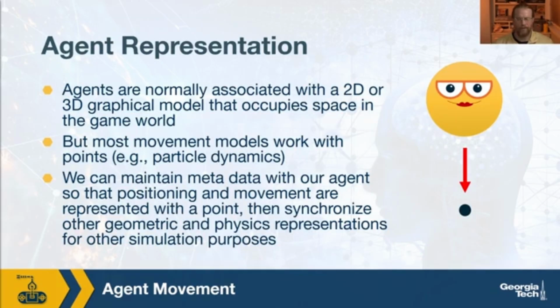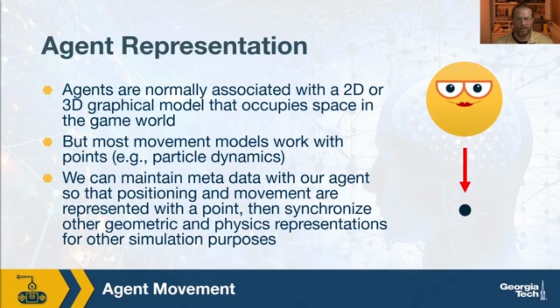Now, within the game, from the player's perspective, the character that the agent represents is not going to be a single point. But as we talked about before, using position vectors is a great way to talk about locations in our 2D vector space.